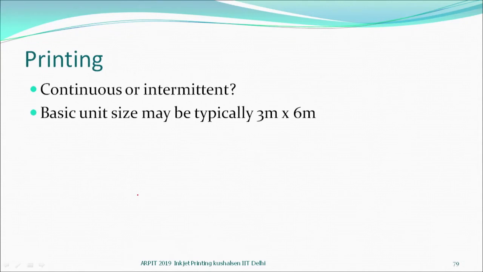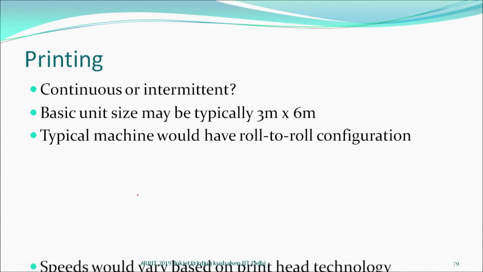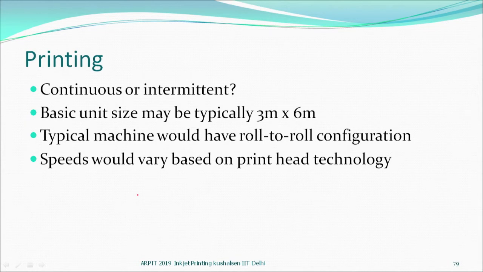The basic printing unit may be about 3 meter to 6 meter in size, and a typical machine would have roll on one side, and after printing, etc., the fabric after drying may be rolled again. The speeds obviously would depend on what is the printhead technology, as we discussed just before.